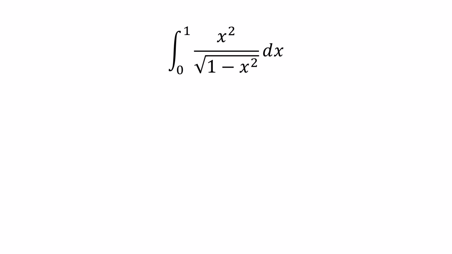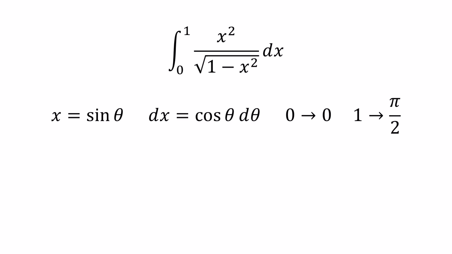To begin, we let x equals sine of theta. The differential is then dx equals cosine of theta d theta. Under the substitution, 0 becomes 0 and 1 becomes pi over 2.